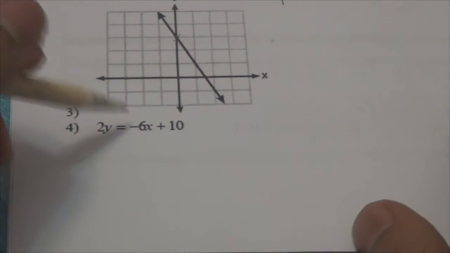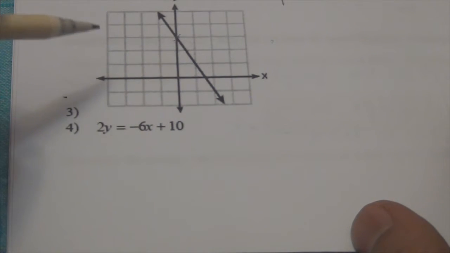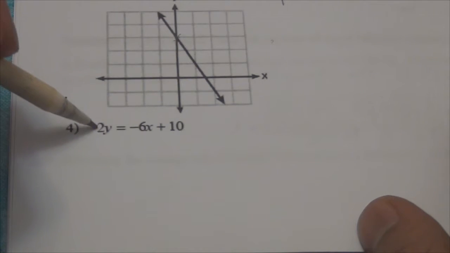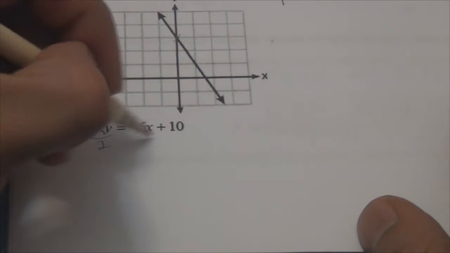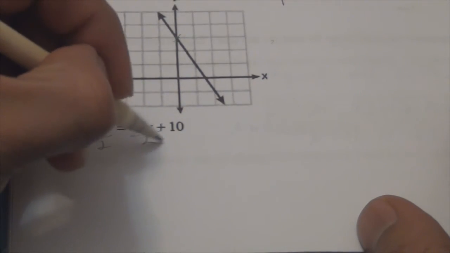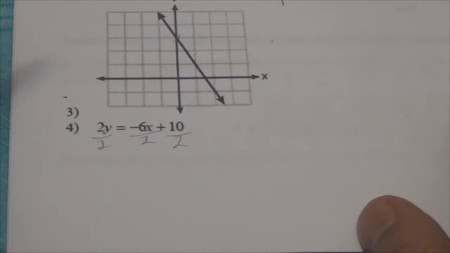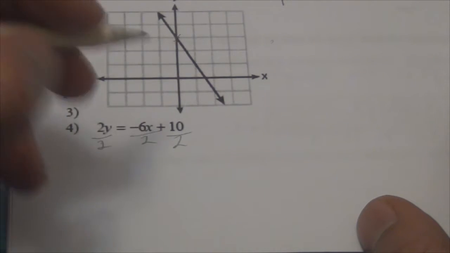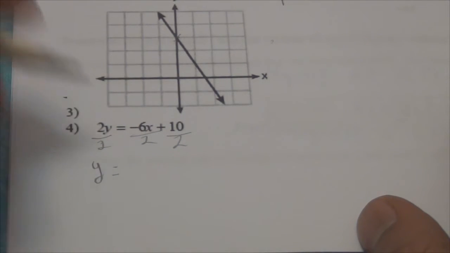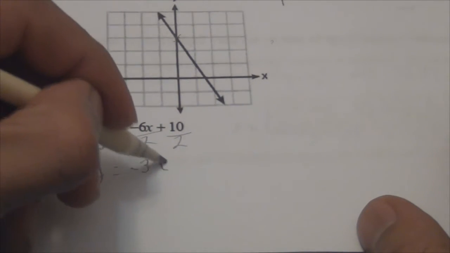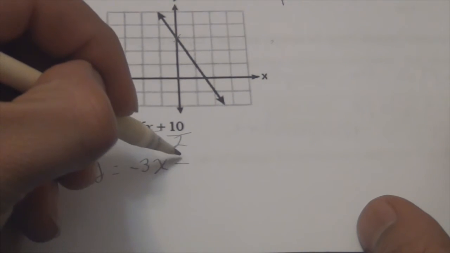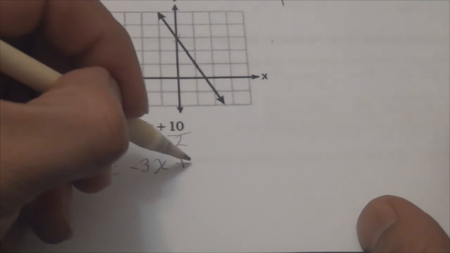Then let's take a look at this one. Wait, but this one is not even solved for y. Solve for y. Fine. What is happening to y? It's been multiplied by 2, so I'm going to divide by 2. Divide the whole thing by 2. It really doesn't matter. 2 divided by 2, 1. -6 divided by 2, -3x, plus 5.